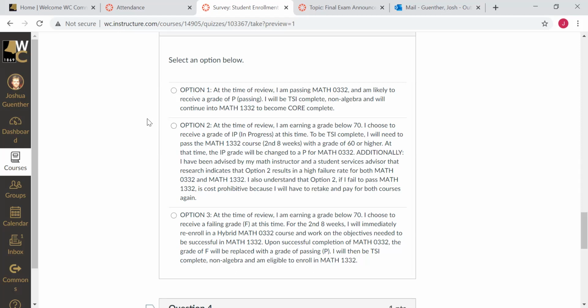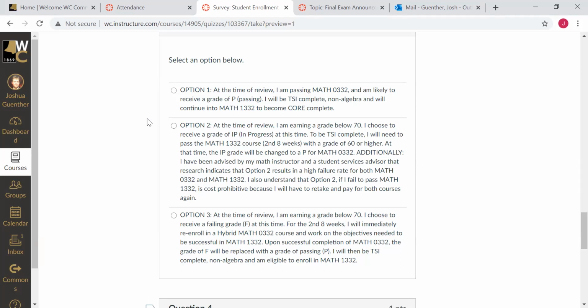If you're making below a 70 in the 0332 portion, or if you end up with below a 70 after the final, if you want to proceed into the 1332 class, you are welcome to. You will receive a grade of IP, which is in progress, for the 0332 class.